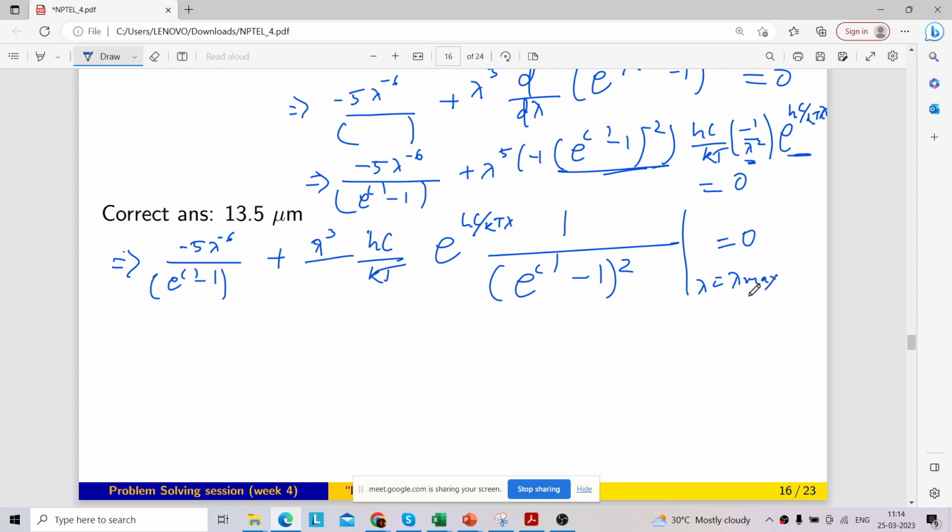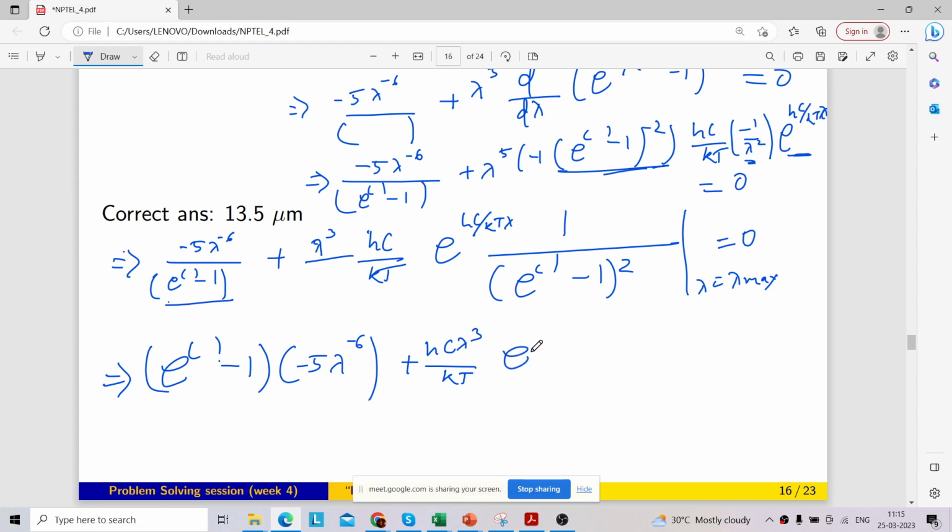So in the denominator I have e to the power this minus 1, and here I have square, I can take 1 on the right hand side and equate to 0, or I just multiply e to the power this minus 1 to the power square in the numerator and denominator, then effectively I will have e to the power this part minus 1 multiplied with minus 5 lambda to the power minus 6, then I have hc lambda cube over kT e to the power hc over kT lambda max equal to 0.